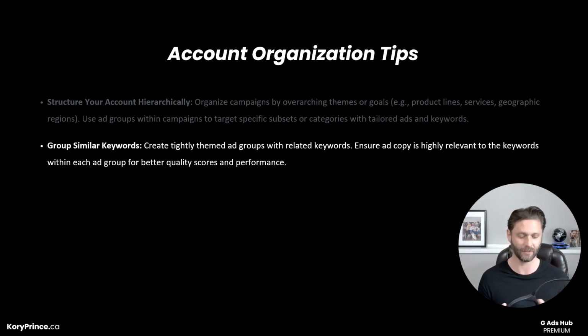It might not be exactly the order of words that they searched, but the gist and the foundational understanding is going to be there. So XYZ widgets or widgets XYZ will show up on the ad, and they're much more likely to click through to it, which is going to increase your click-through rate and your quality score.